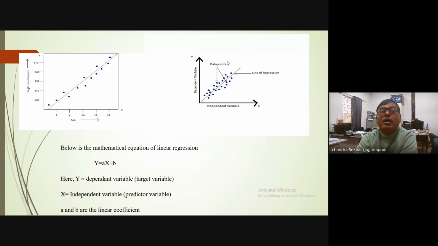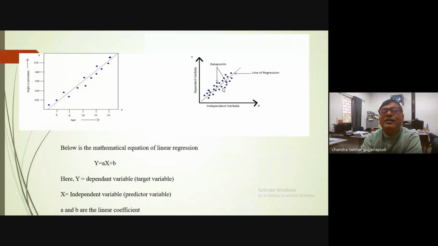Now, whenever we follow that, we have to mathematically follow the linear regression equation, which is y equal to ax plus b. By using mathematical analysis, we have to determine the coefficients a and b. How is that possible? If we have a data set given as dots, there is our prediction value.